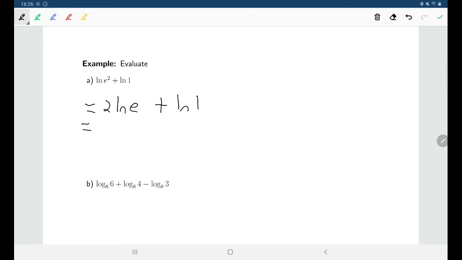And I know that for log base e, e to the power of and log base e are inverses of each other. When I say natural log of e, I'm really saying log base e of e. And remember, we had one of those properties that said log base a of a is always equal to 1. So log base e of e is 1.